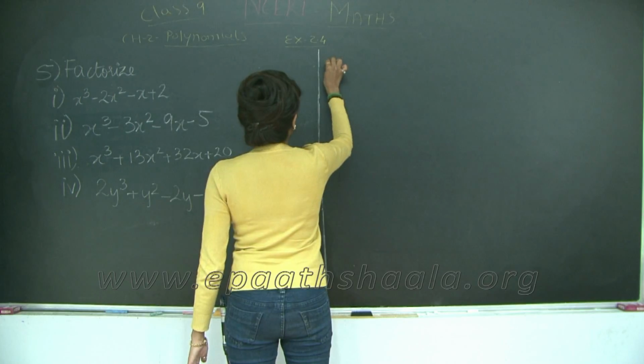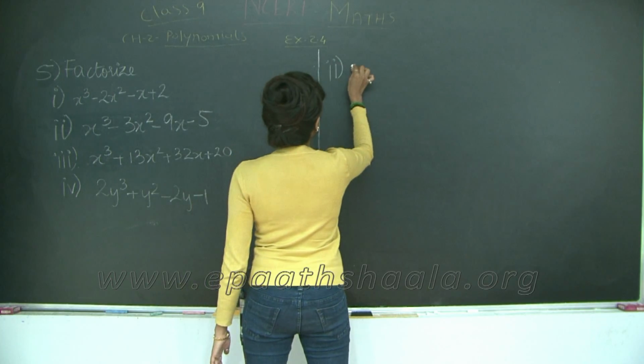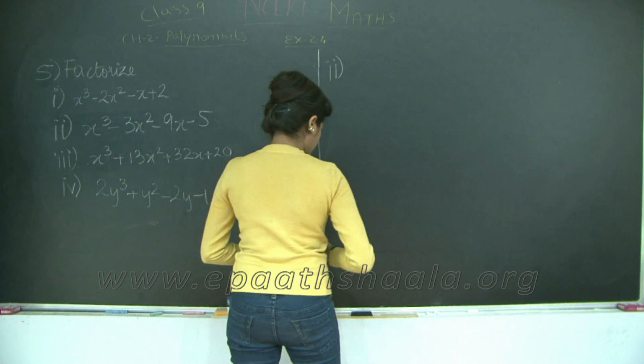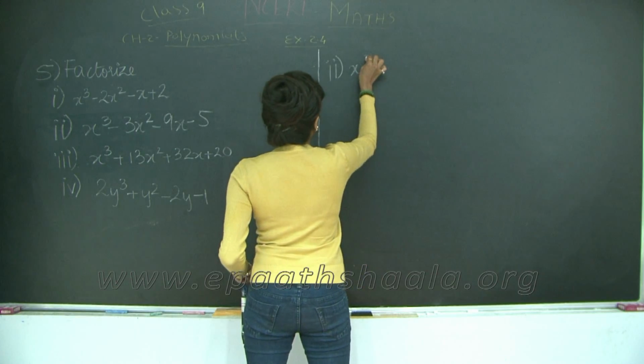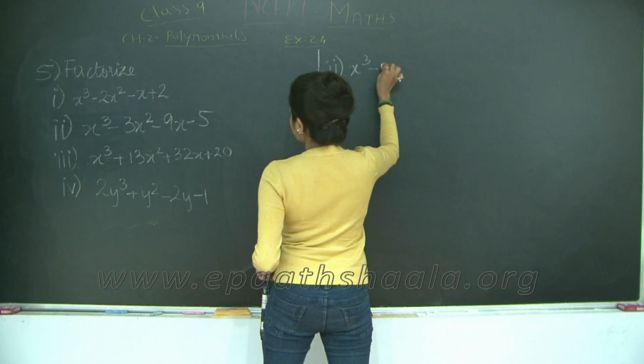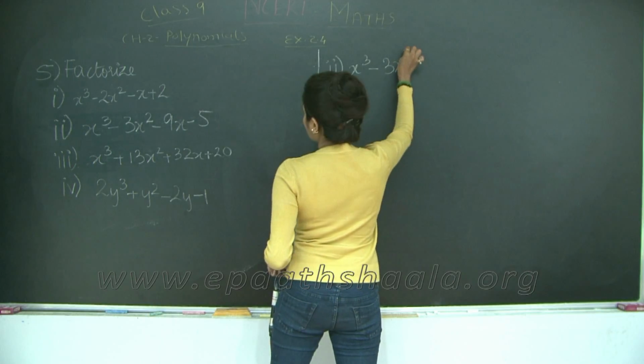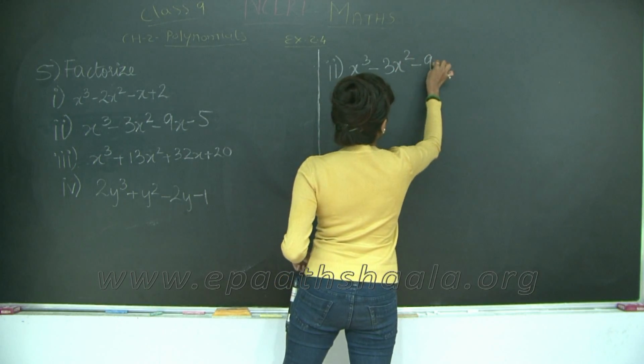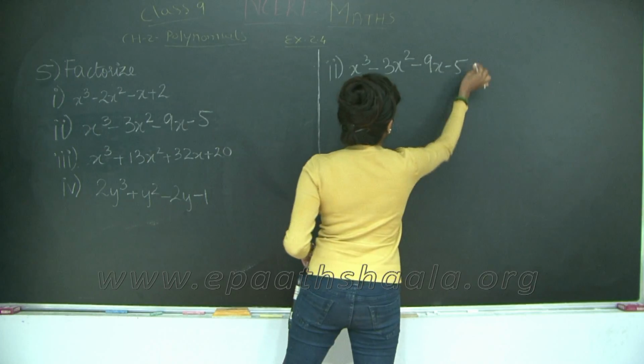So the second question, x cube minus 3x square minus 9x minus 5.